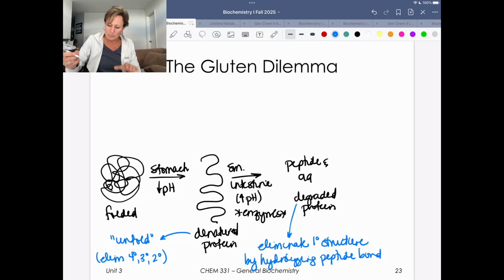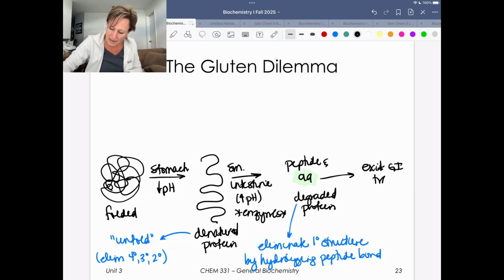This is important because we are supposed to be breaking down proteins into individual amino acids, because these individual amino acids are supposed to exit the GI tract. And your GI tract is only one cell thick.